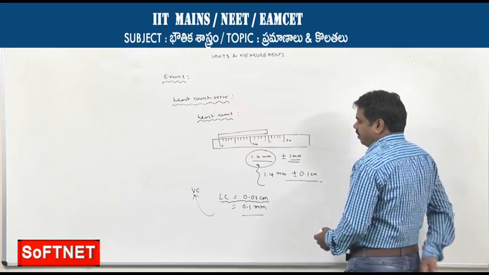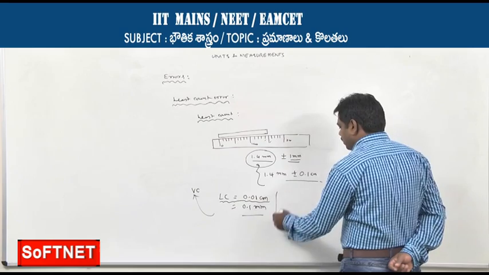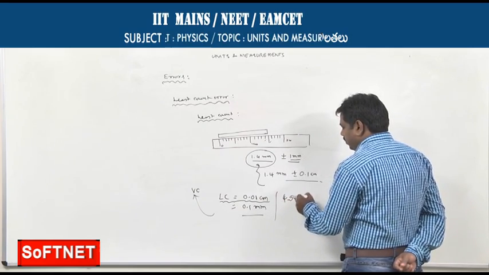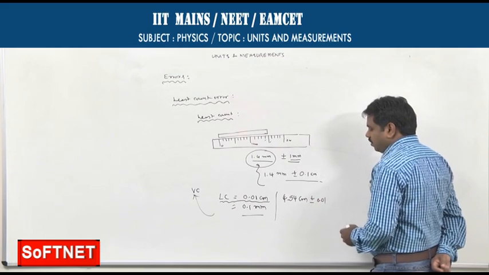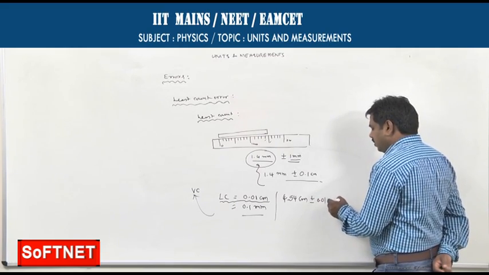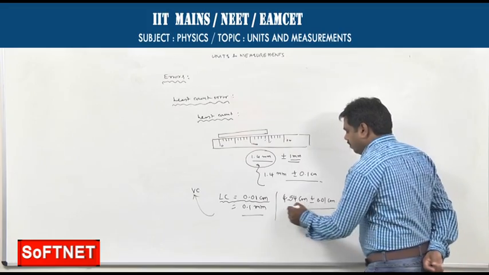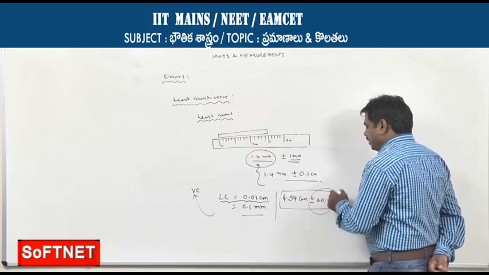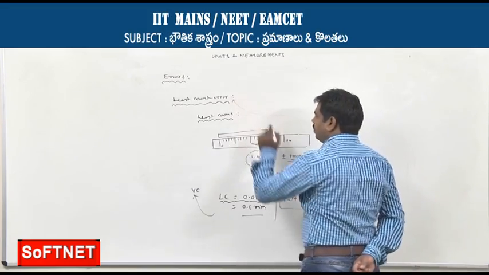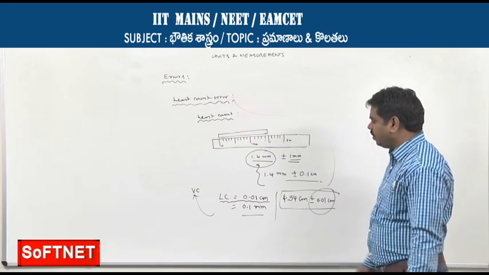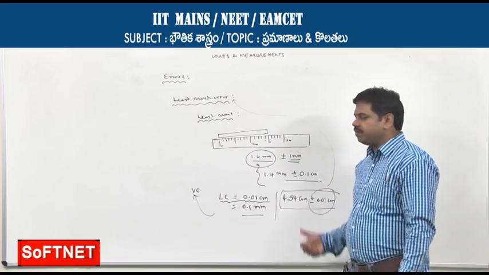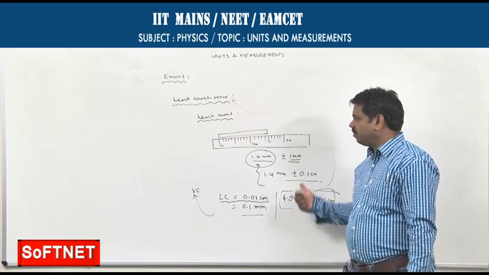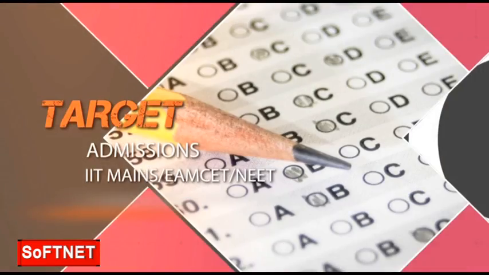For example, if I find the length of a rod as 4.54 centimeter, the error present is plus or minus 0.01 centimeter. This error is called the least count error, which is very important while solving problems. It will be very useful to us when the problems come.